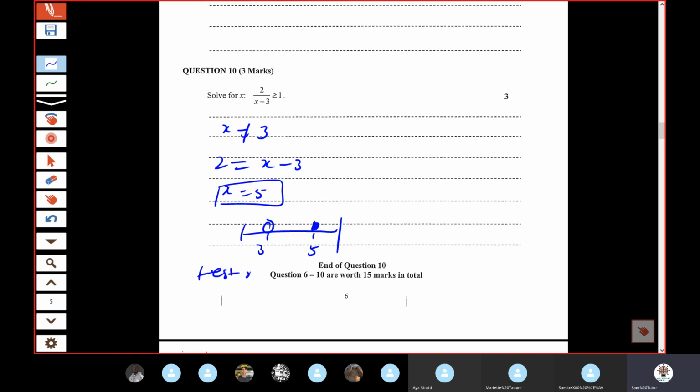Test x equals 0: 2 on -3. Is a negative number bigger than 1? Obviously not, so they're not running away. Hopefully everybody got the same answer: 3 less than x less than or equal to 5. Happy with that?